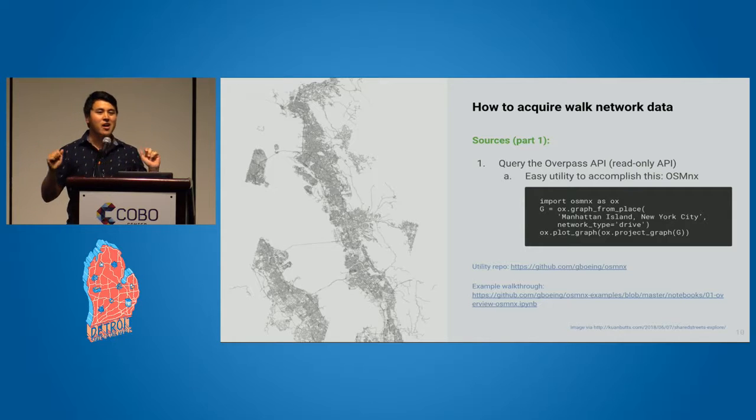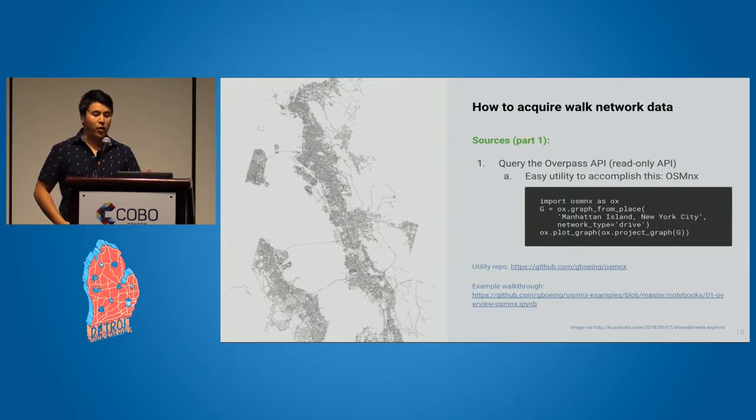So it's awesome. First let's gather the walk network data as a first step for computing this accessibility. And there's two quick ways if you would like to do it in a Jupyter notebook, for example, that make it really easy to do this. And the first one utilizes OSM's Overpass API, which allows for very complicated queries to be set against a fairly fresh, updated snapshot of the OSM planet.